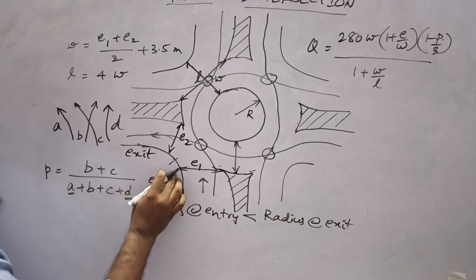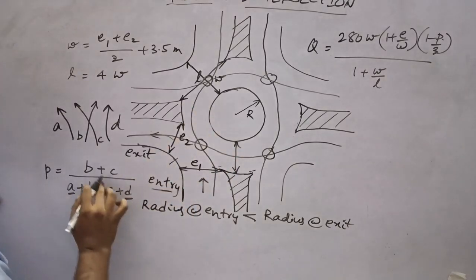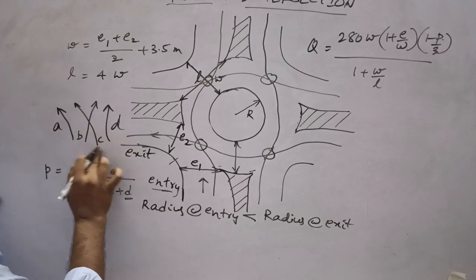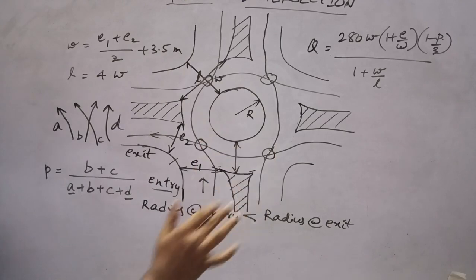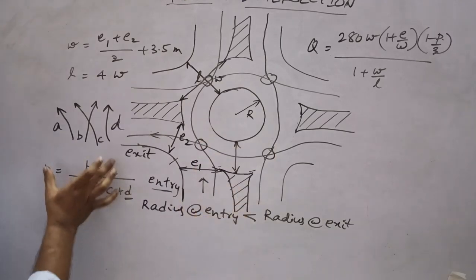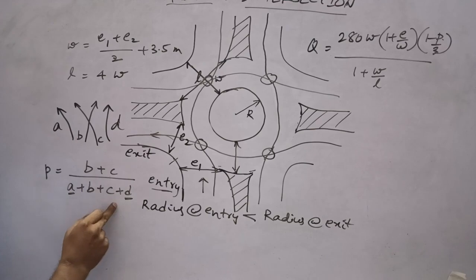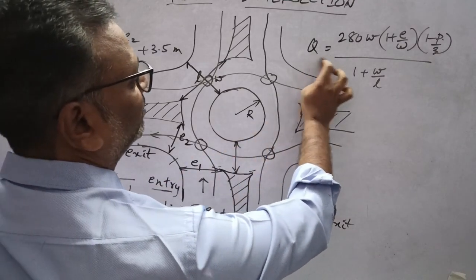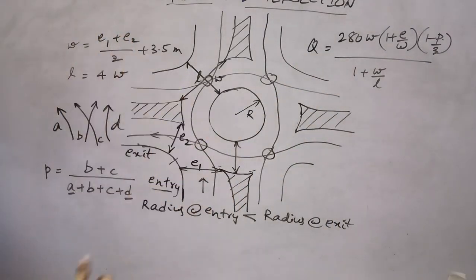A and D is the left and right traffic, and B and C are the traffic in between. If we see an example and solve it, then we will be understanding how to calculate proportion of weaving traffic and how to determine the capacity of the rotary. Is it clear up to now?